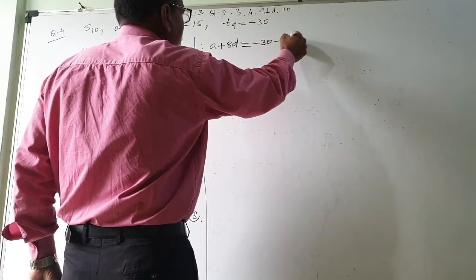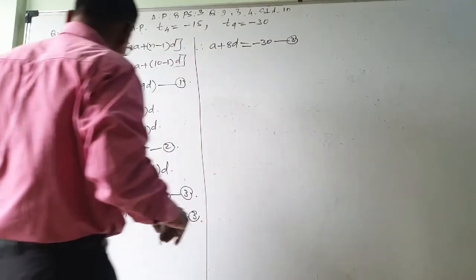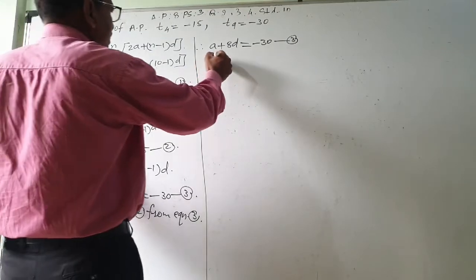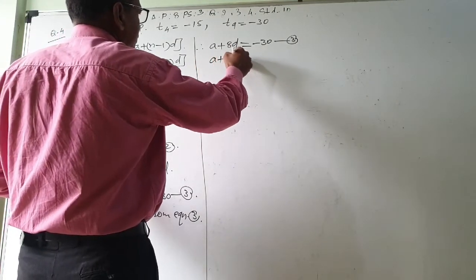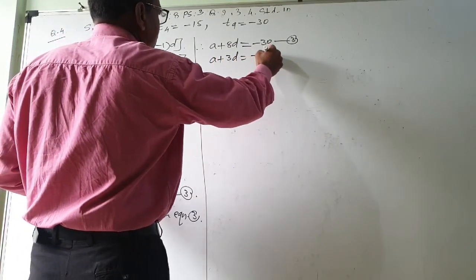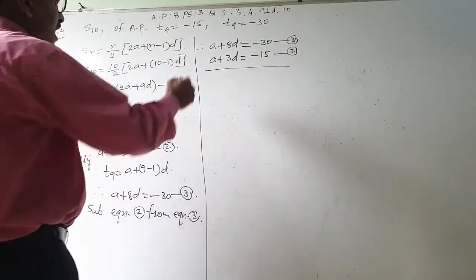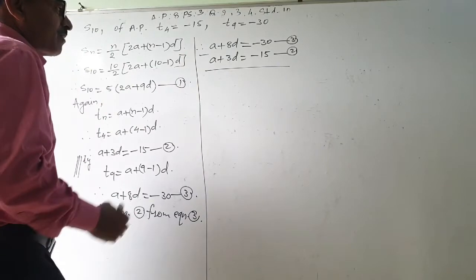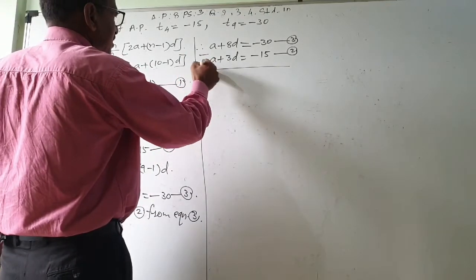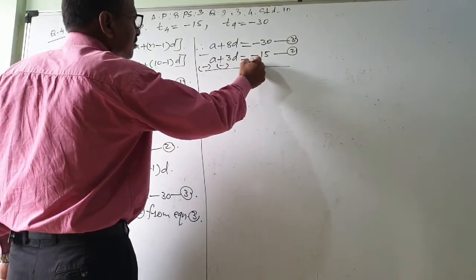This is equation number 3 I have written. Then the second equation, a plus 3d is equal to minus 15. This is equation number 2. I am subtracting, so I will put the minus sign. This will become minus, this will become minus, and this will become plus.